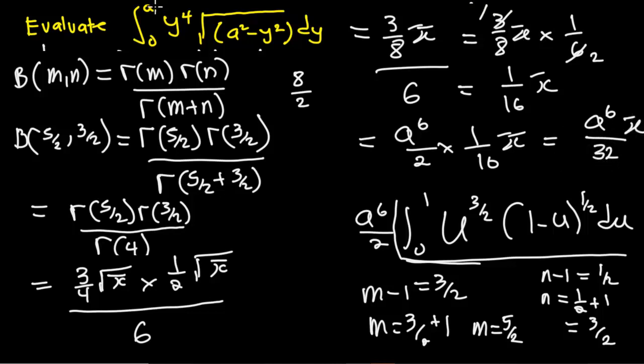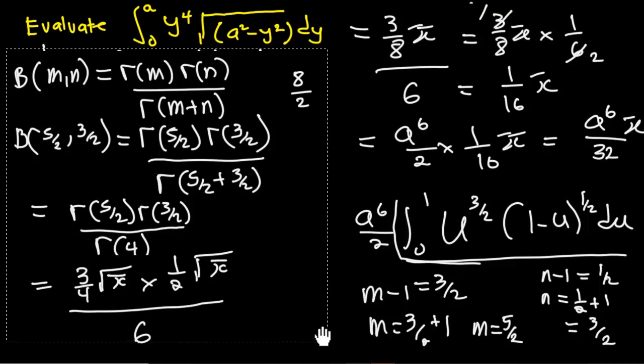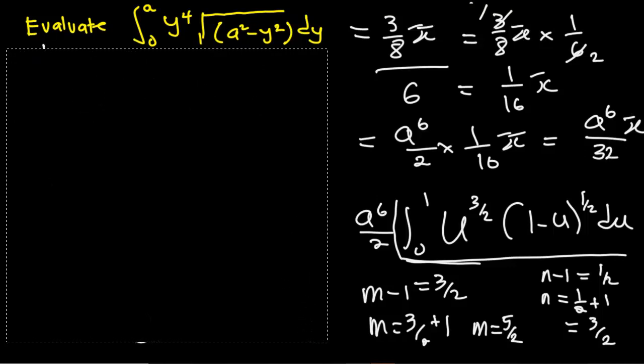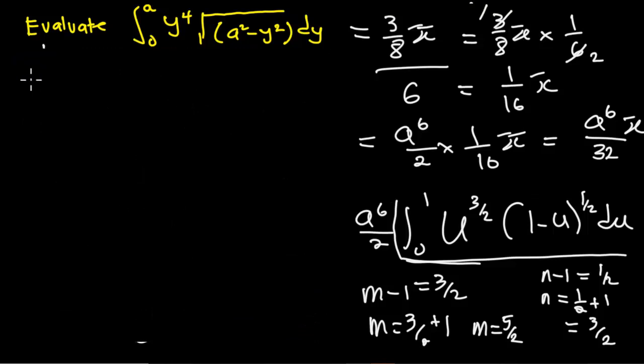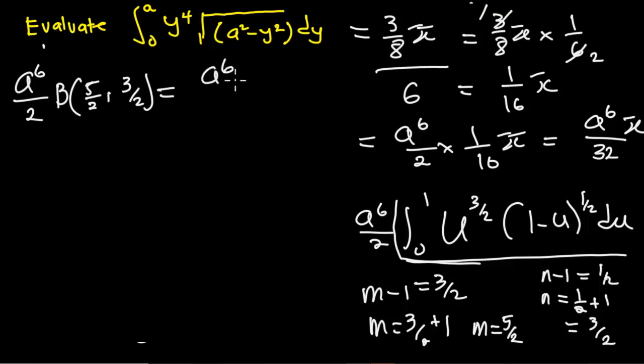Now we have a exponent 6 all over 2 times beta of 5 on 2, 3 on 2, which in effect is going to give us a to the power 6 over 32 times pi. So this is the answer to this question.